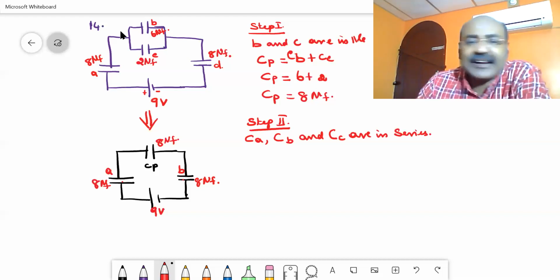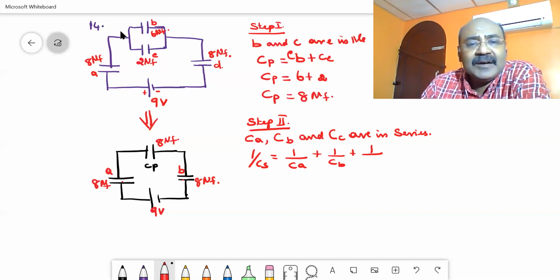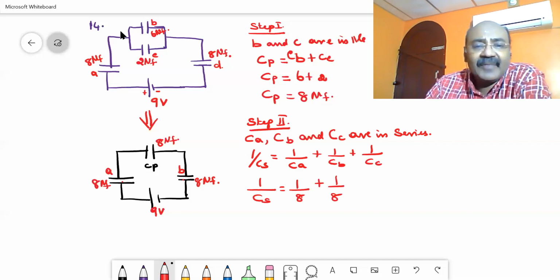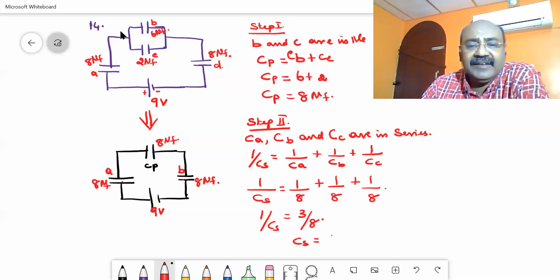Then what is the effective capacitance? 1 divided by CS is equal to 1 by CA plus 1 by CP plus 1 by CD. So 1 by CS is equal to 1 by 8 plus 1 by 8 plus 1 by 8. So 1 by CS is equal to 3 by 8, or CS is equal to 8 by 3 microfarad.